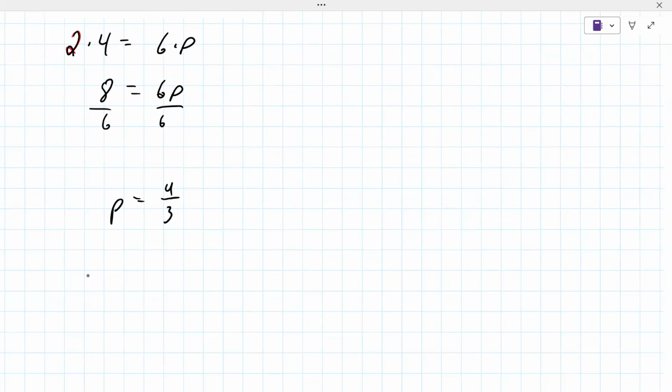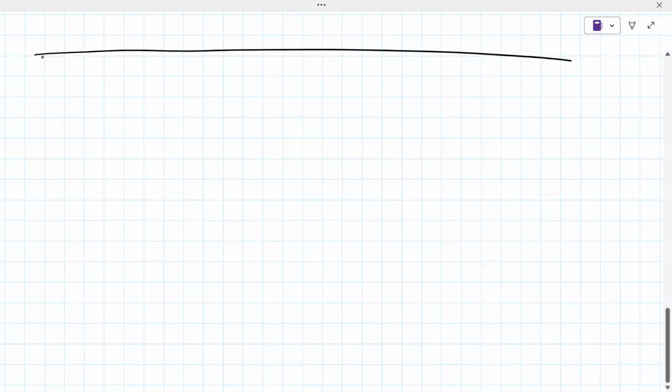Any questions before we move to some more challenging stuff? No. Okay. As a reminder, let's say you have 2 times (x minus 1). Do you remember how to simplify this?